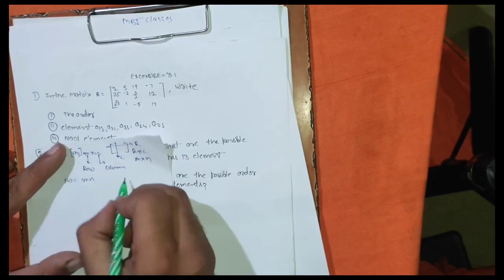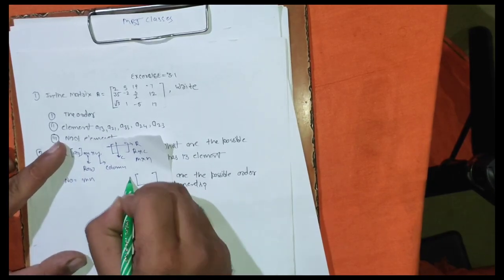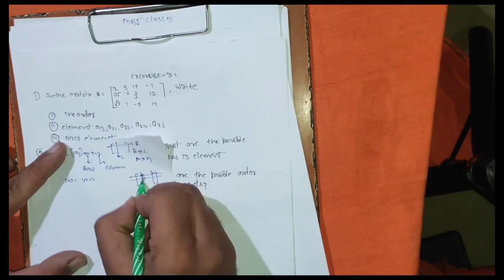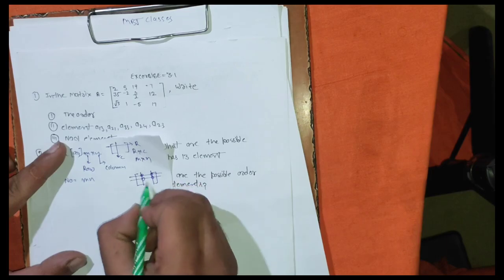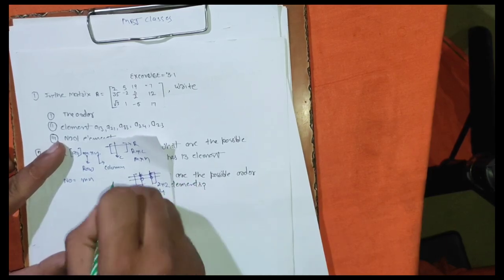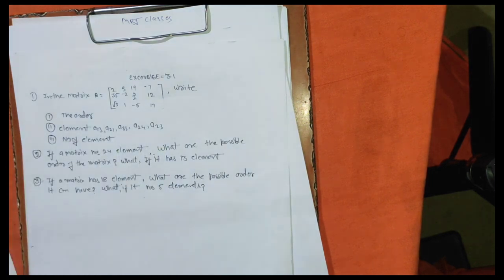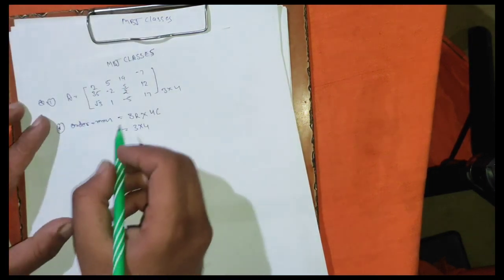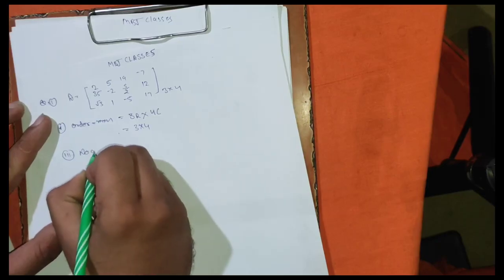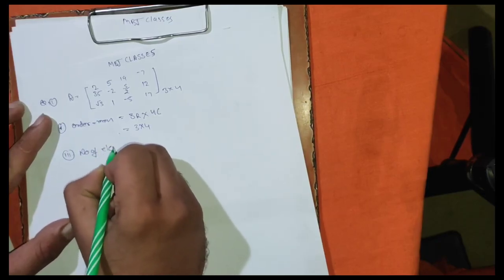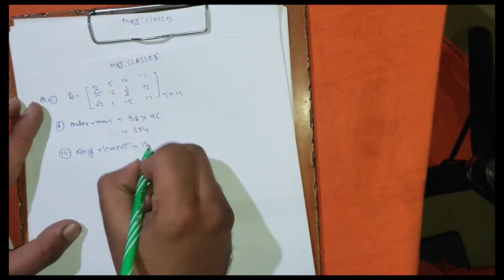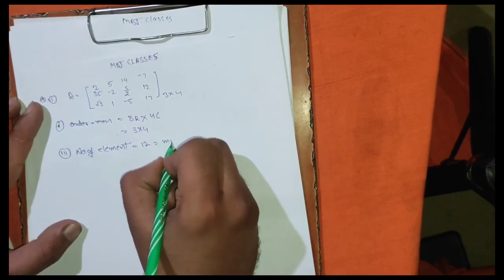For example, if I have 2 rows and 2 columns, the intersecting points are the elements, so 2 by 2 becomes 4, so the elements are also 4. Similarly here, the total number of elements is 12, which is m n.